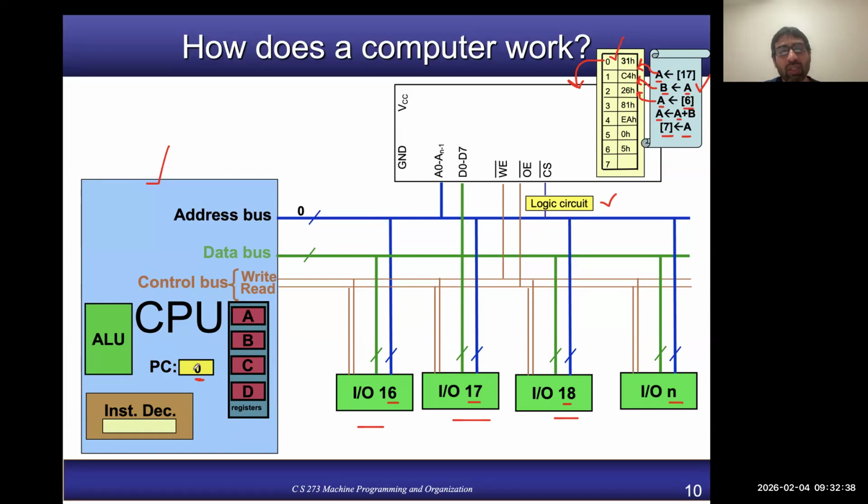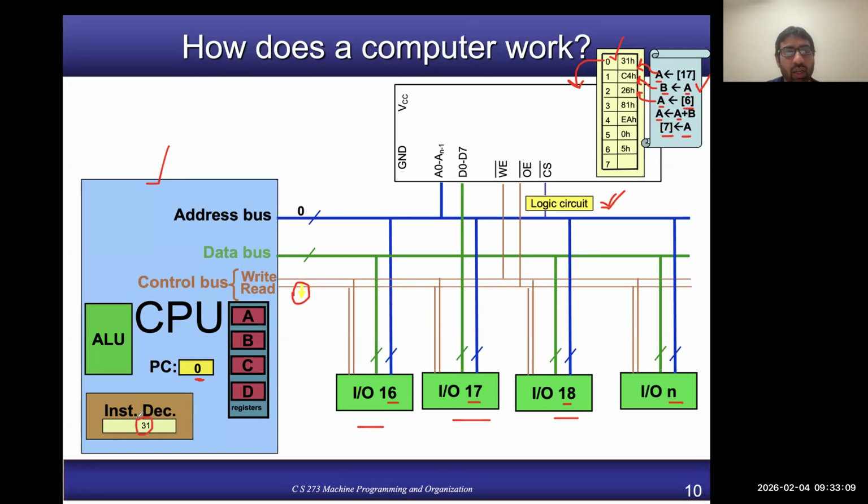Whatever is in the PC, the CPU places that address on the address bus. Since it wants to read the instruction, it enables the read signal, telling that I want to read from address 0. Now our logic circuit will enable the chip, and the instruction code from address 0 will be read and brought into the instruction decoder.